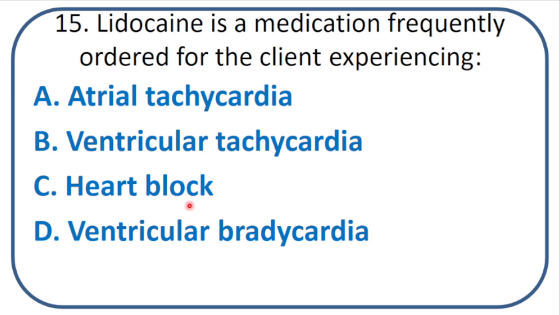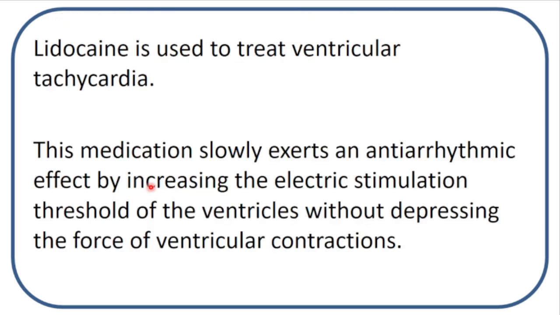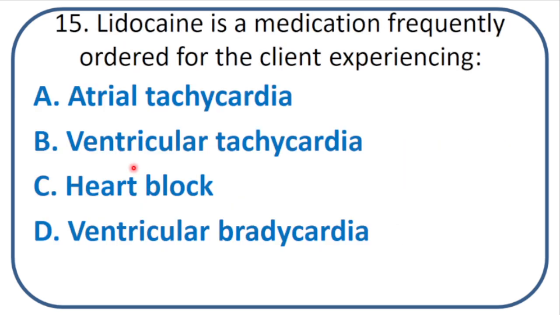The correct answer is option B, ventricular tachycardia. For ventricular tachycardia, the drug of choice is lidocaine. Lidocaine exerts an antiarrhythmic effect by increasing the electric stimulation threshold of the ventricle without depressing the force of ventricular contraction.